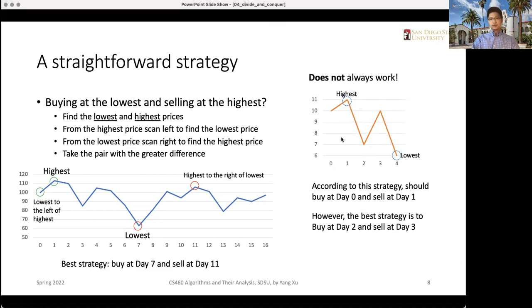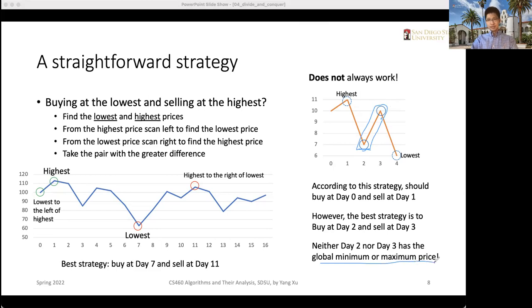Okay, so we need to think about the problem from a different angle again, because in this scenario, the best buy-in date and sell-out date are not the global minimum or maximum price.